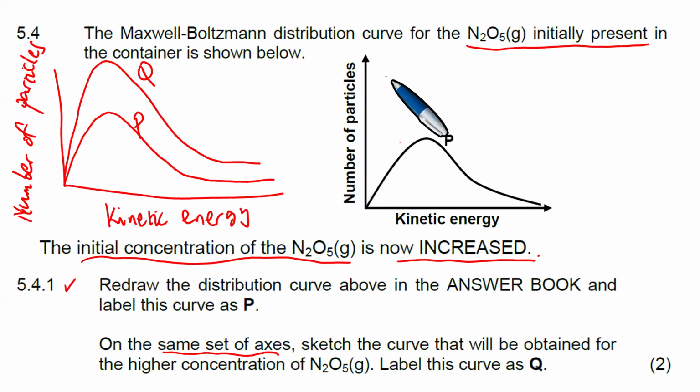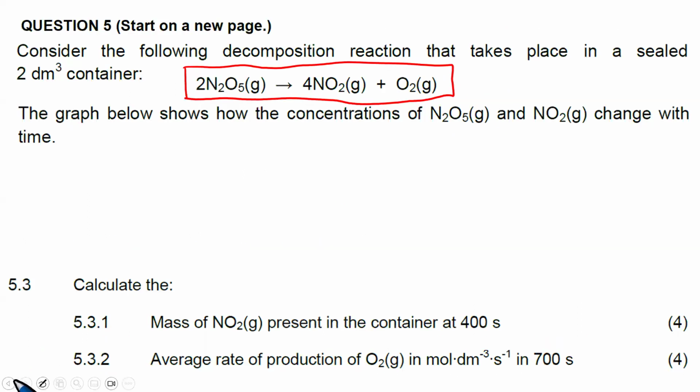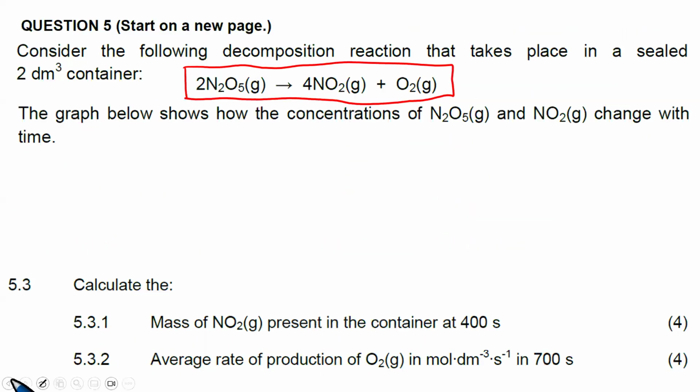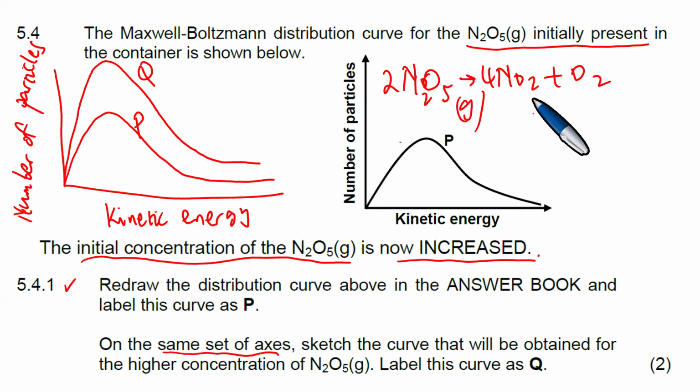Right, so you can write it here: 2 N2O5 gives 4 NO2 plus O2. Okay, this is the equation, and these substances here are in gaseous state.